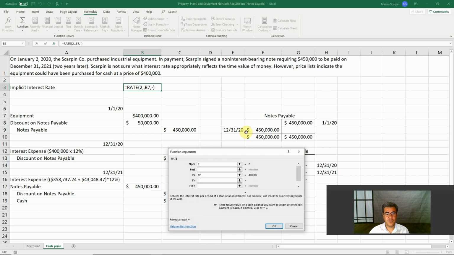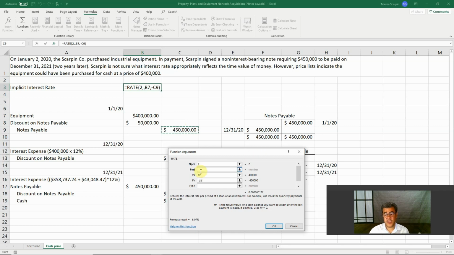Future value, negative 450. If we do the opposite, we have here 0.0060, and so on. Let's try to do the opposite. Negative present value, positive future value, we would have the same. However, the most common one is positive present value, negative future value.